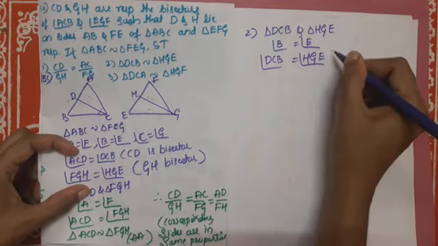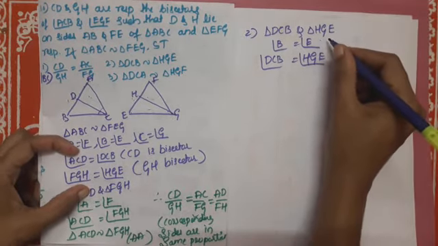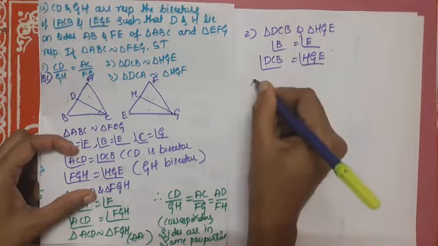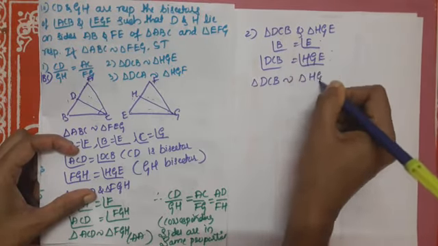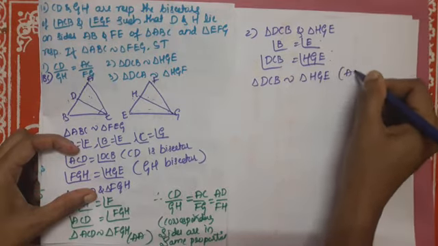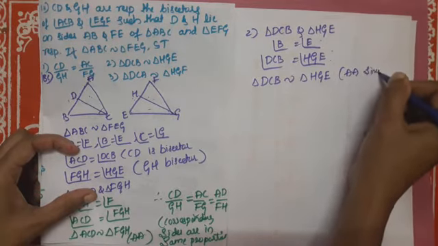This is by the bisector, and this is by the data. So triangle DCB is similar to triangle HGE, again by the AA similarity criterion.